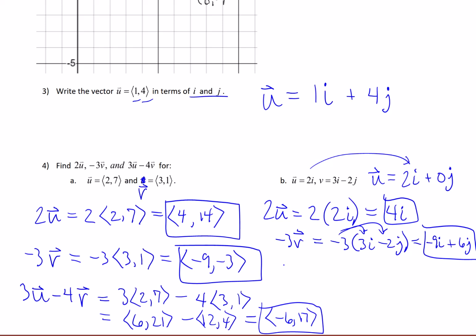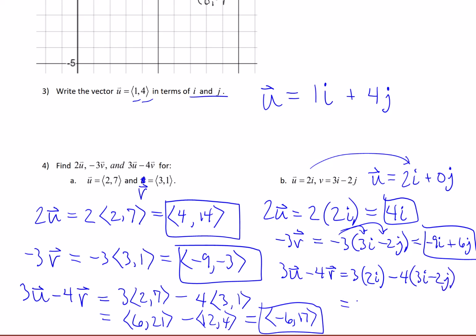And then thirdly, we wanted to compute 3 times vector u minus 4 times vector v. And in the same way, we'll just put this together using the algebra. 3 times vector u is just 2i. So we'll leave that as 3 and then in parentheses 2i. And then we're going to subtract 4 times vector v, which was given, so I'll put it in parentheses as 3i minus 2j.